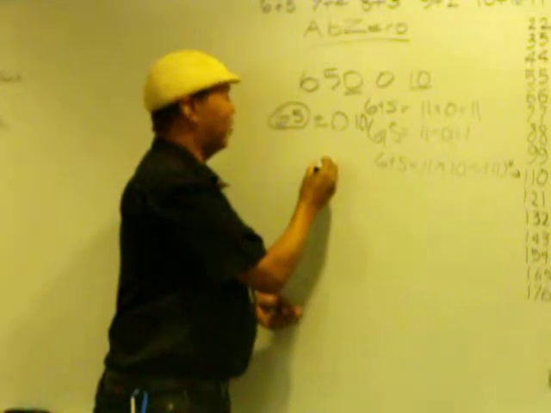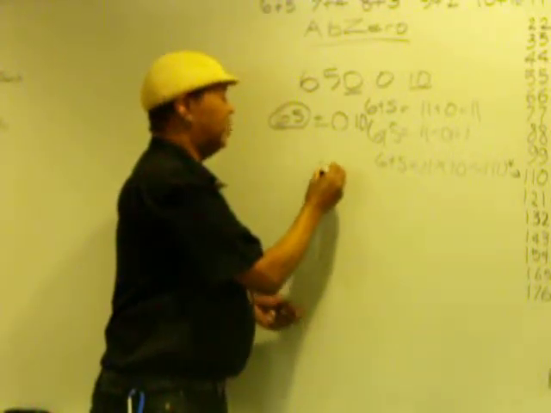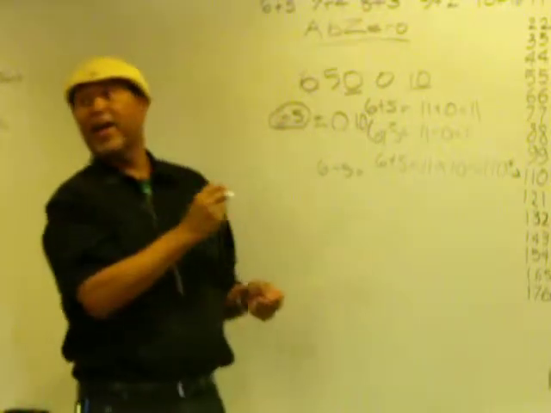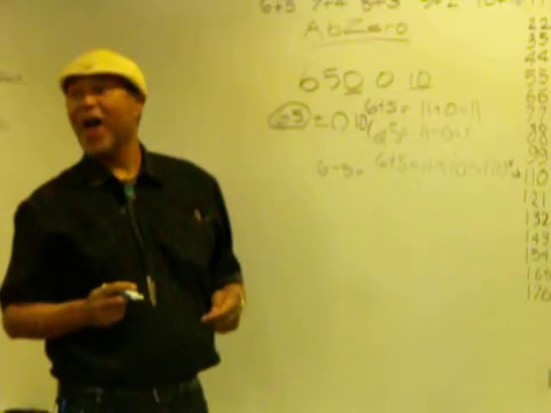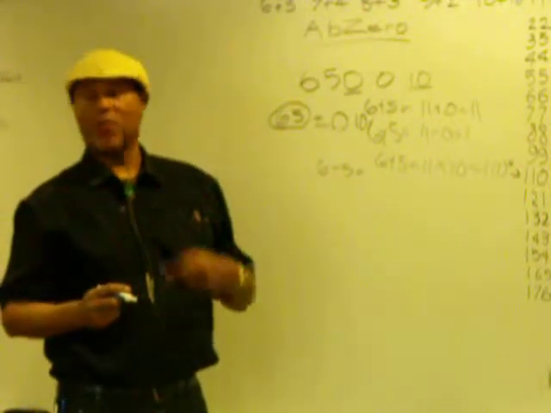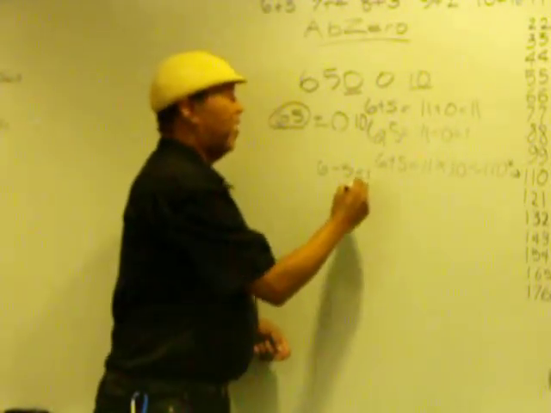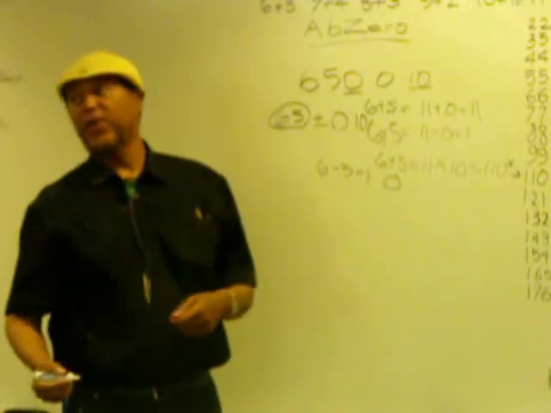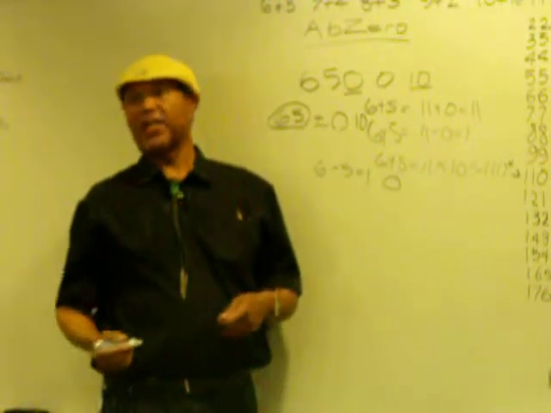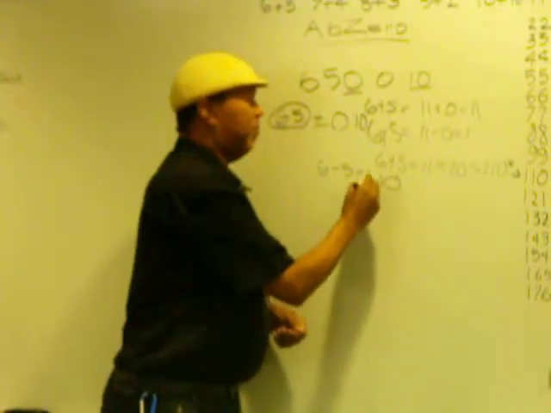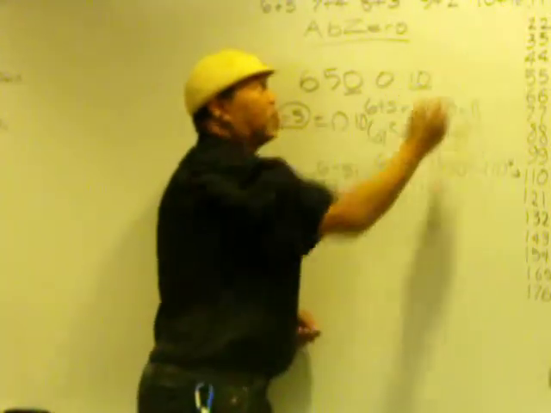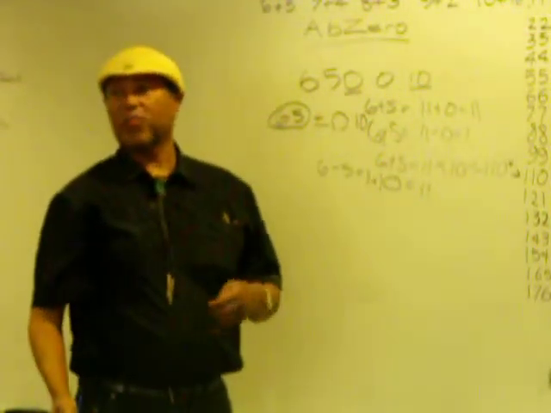Well, actually it will, I'm sorry. 6 minus 5, what is 6 minus 5? 1. We have 1. Now we still are left with a 0. What can we do with the 0? We can use it as a 10. So 10 plus 1 equals 11. And that corresponds with 11. That's what we're shooting for.